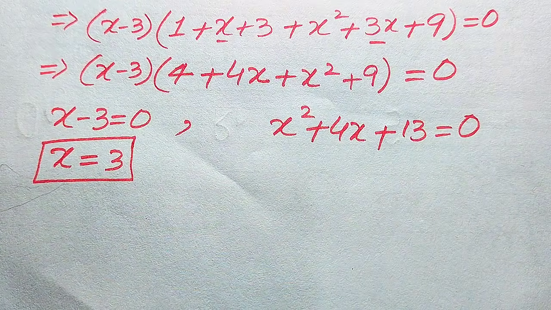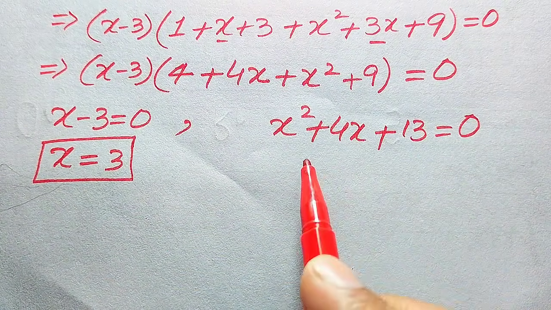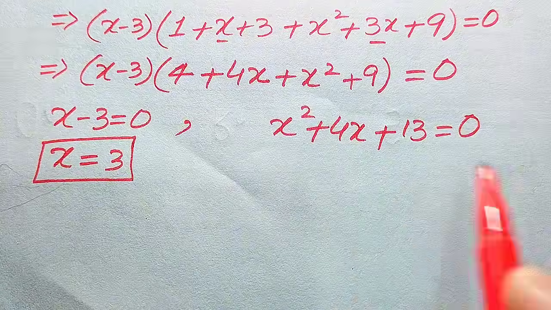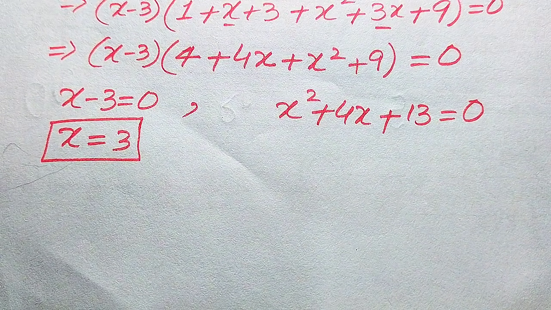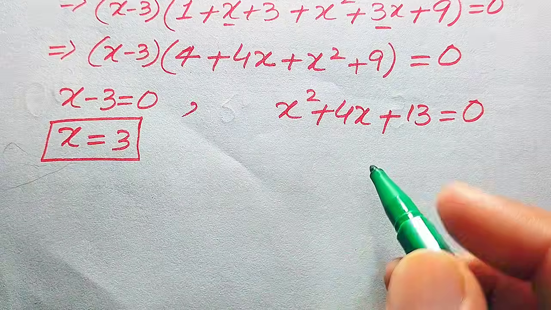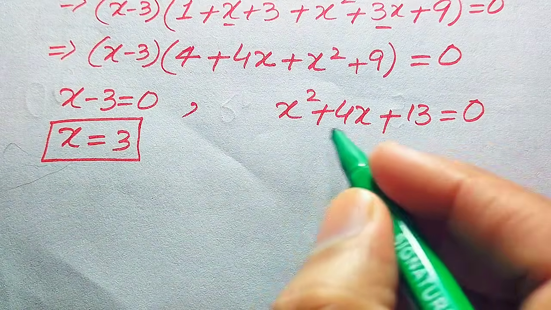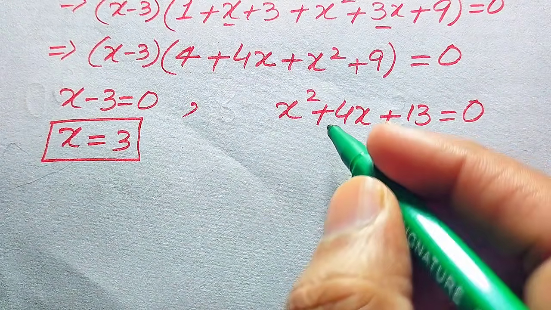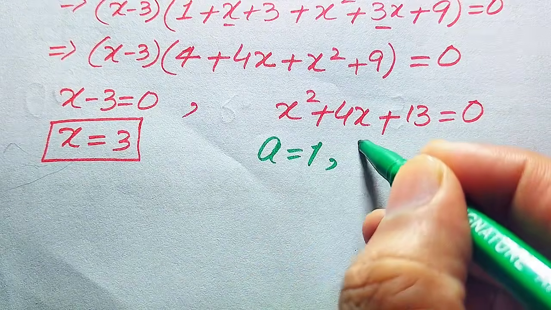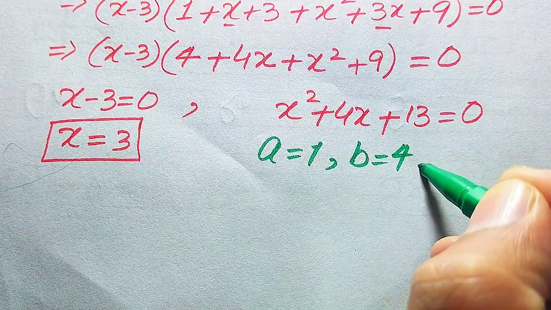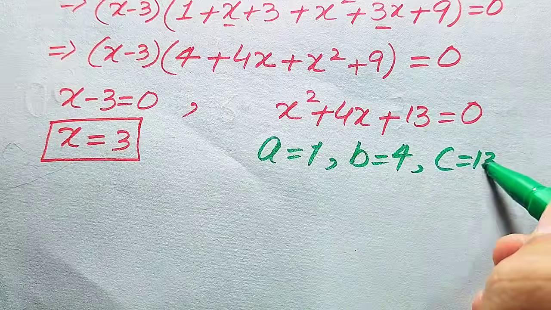Now in the next step we need to check whether this quadratic equation has a real root or not. So we use the discriminant formula to check whether this equation has a real root or complex. For this we first write the coefficients of this equation: a is equal to 1, b is equal to 4, and c is equal to 13.